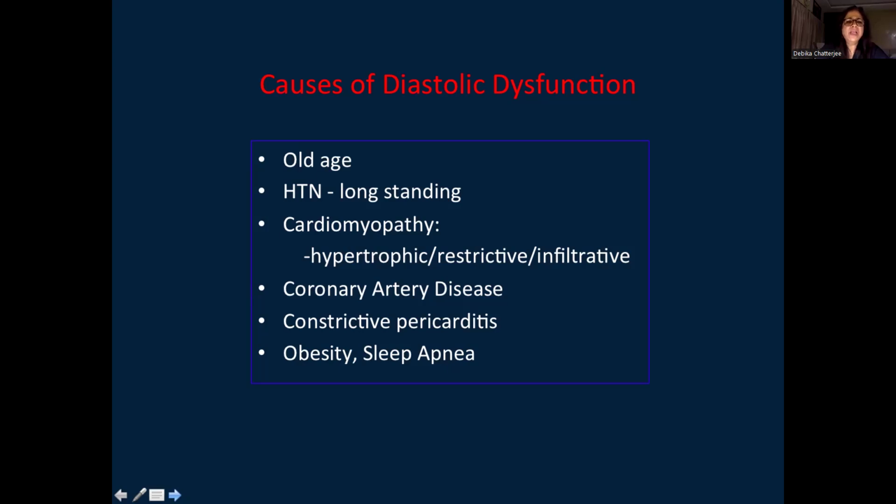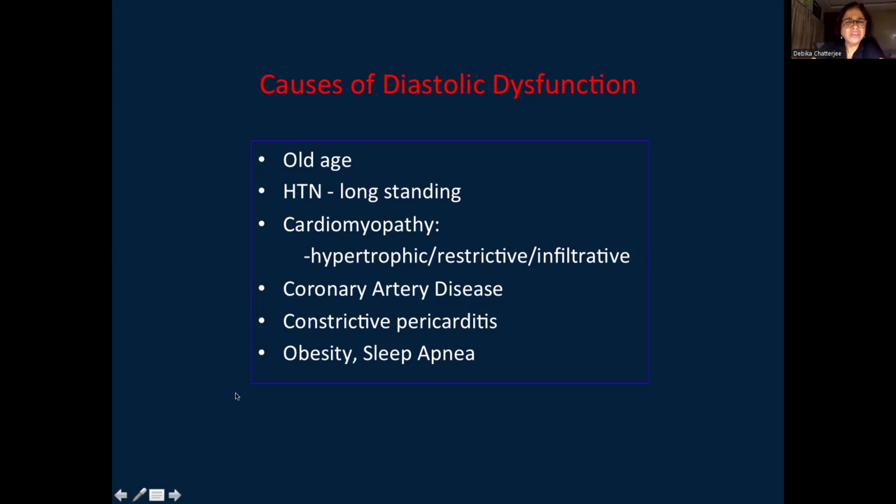So we may get an impaired relaxation pattern in older patients, but the same pattern in a younger patient is abnormal. But for an old man, getting an impaired relaxation pattern is a normal physiological finding.